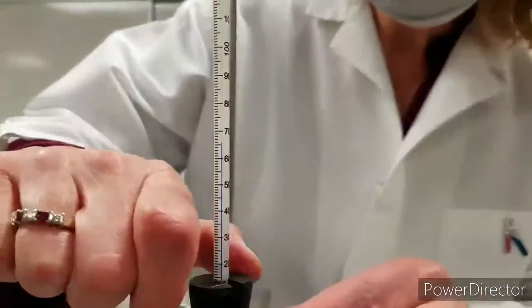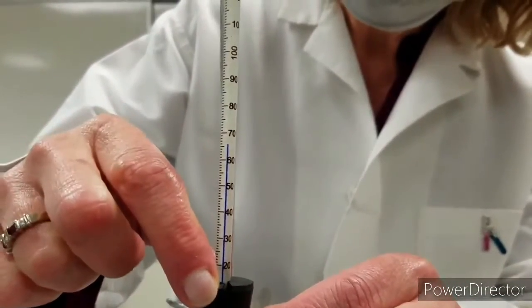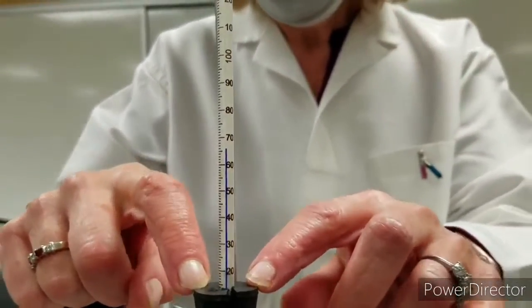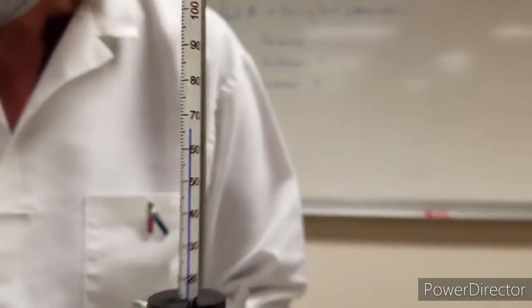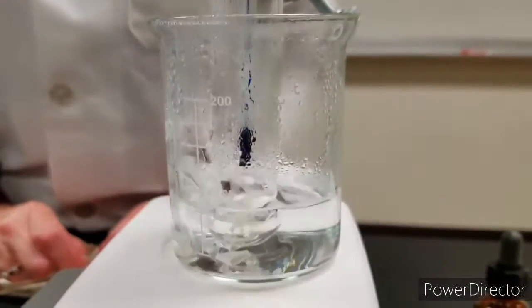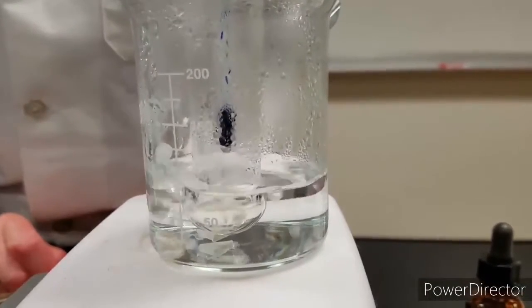The temperature is 66.0. So that's unknown B at a temperature of 66.0.